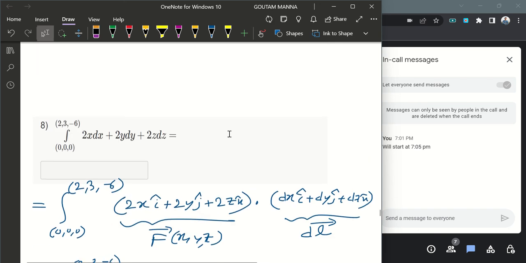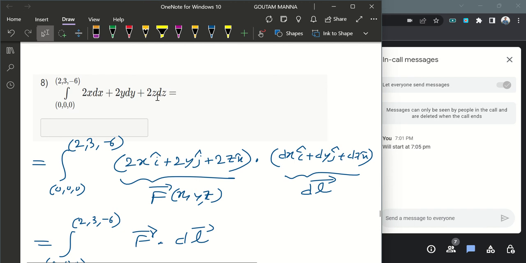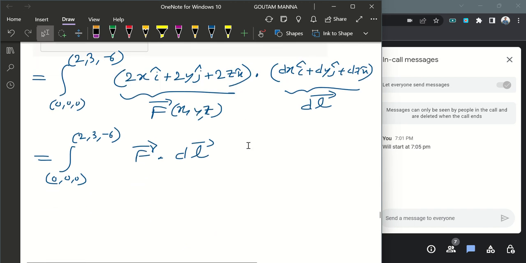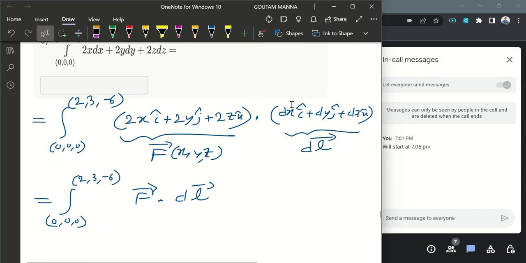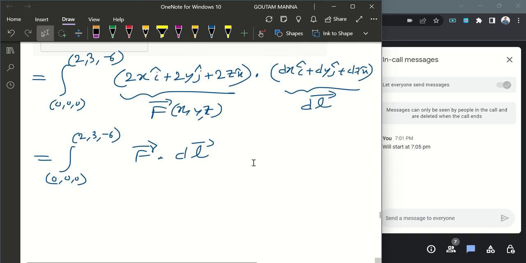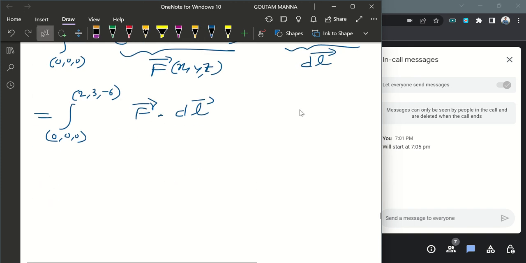So now let's see here, no path is specified. So how should we define the path then? Because we are asked to do the line integral and we need some path. So the start point is the origin 0 0 0 and the end point is 2 3 minus 6.